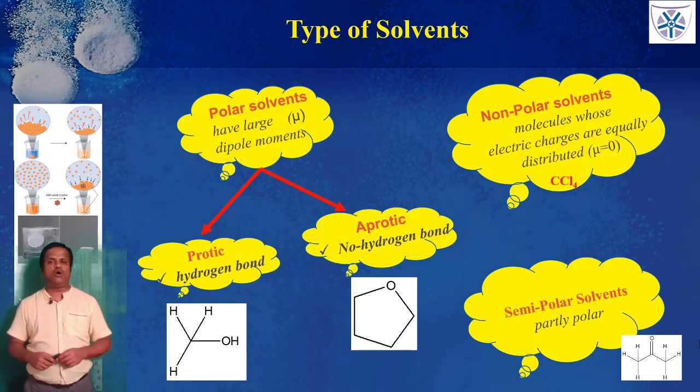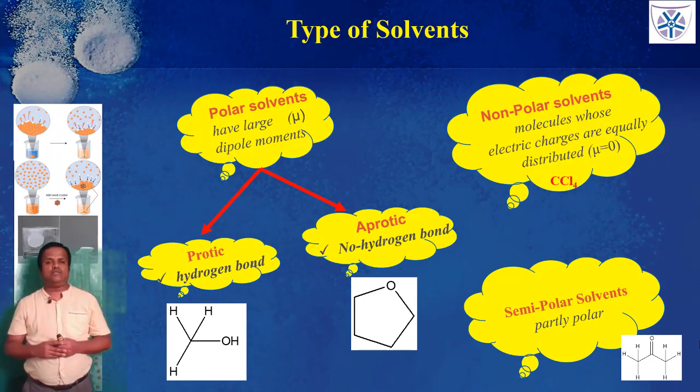If we come to non-polar solvents, here the molecules have electric charges equally distributed. For example, carbon tetrachloride. What is the formula for carbon tetrachloride? CCl4. Here all the chlorine atoms are highly electronegative, right?